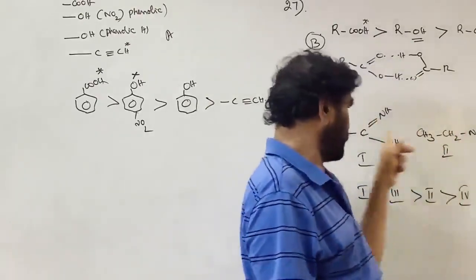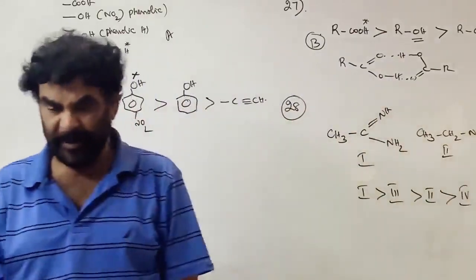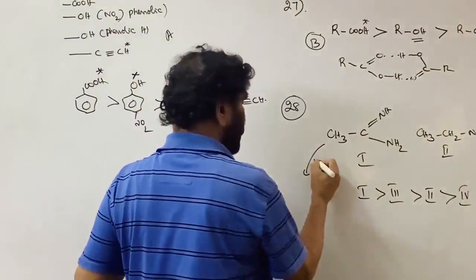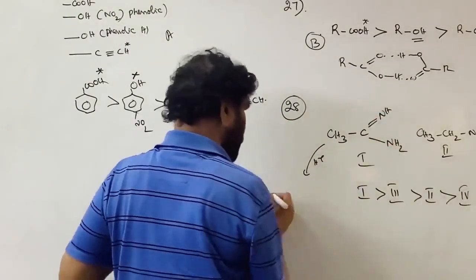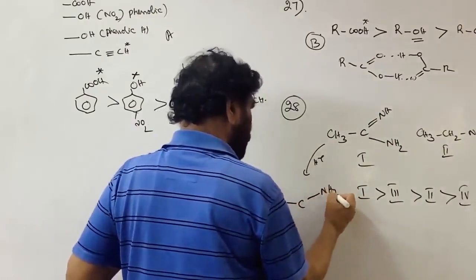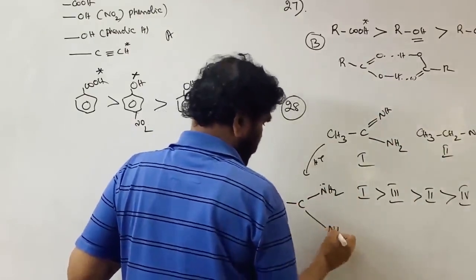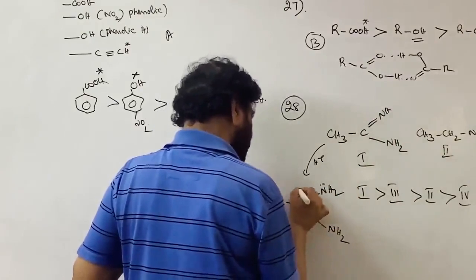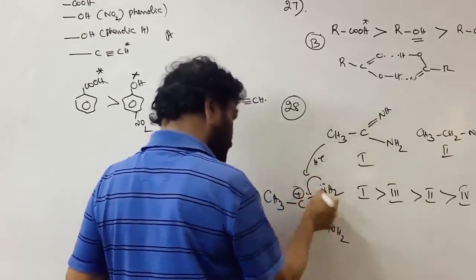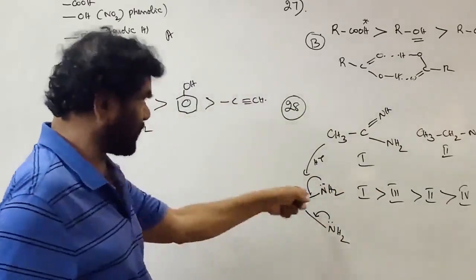Here there is resonance, so the lone pair is less available. When it takes the H plus ion, the resulting conjugate acid is more stabilized in the other cases. Equivalent resonance structures are formed.